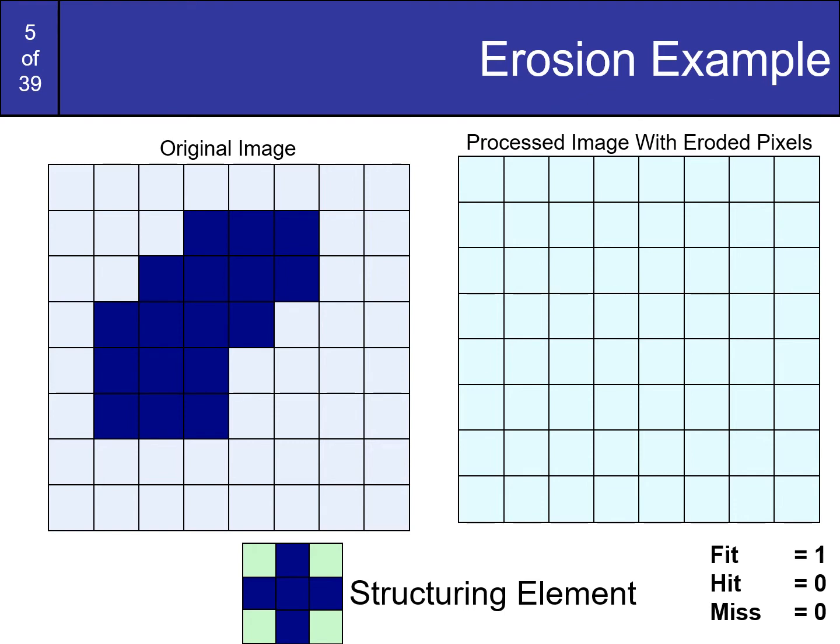So what will happen when we do erosion on the original image that contains the objects given by the dark pixels? In this case, the structuring element is the plus structuring element, given as the one below here.